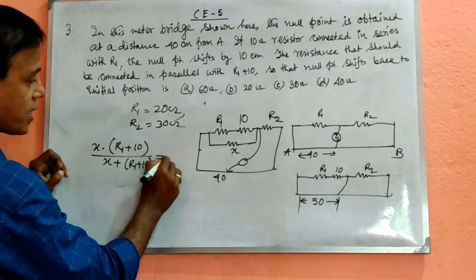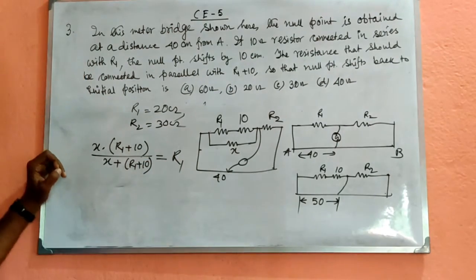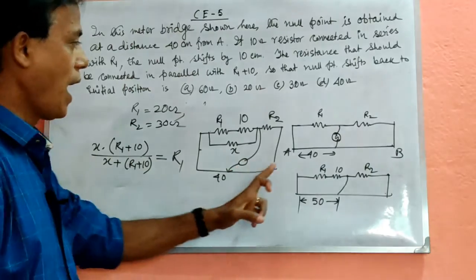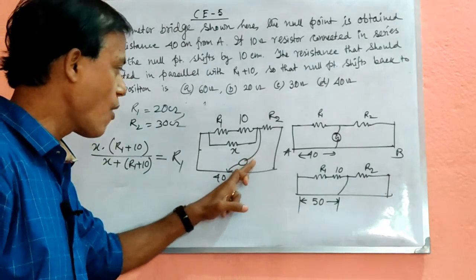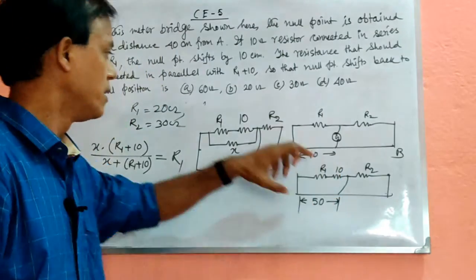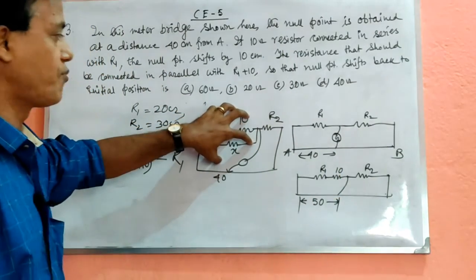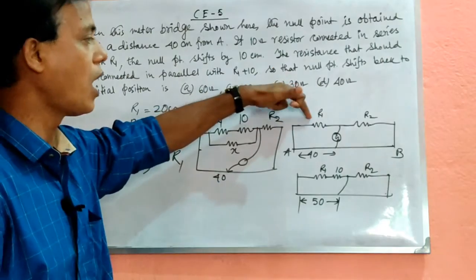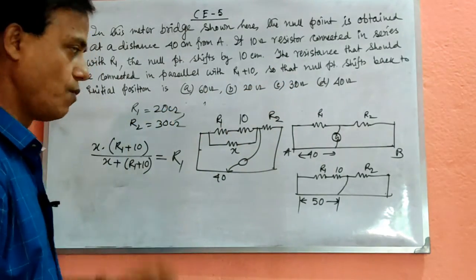It comes nothing but R1, because as the null point shifts to its initial position, the total combination becomes the exact value of R1, that is 20 ohms.